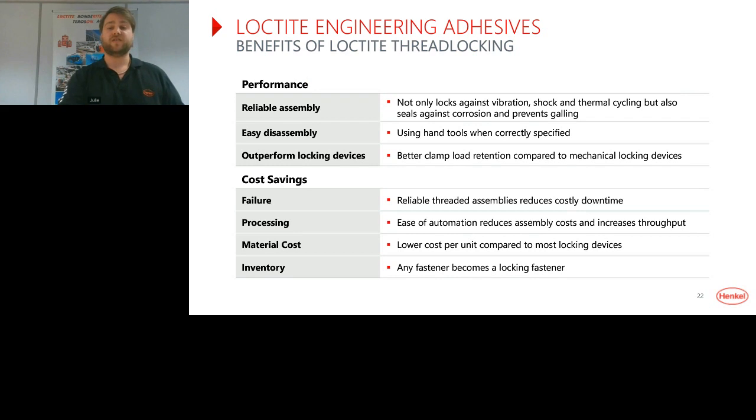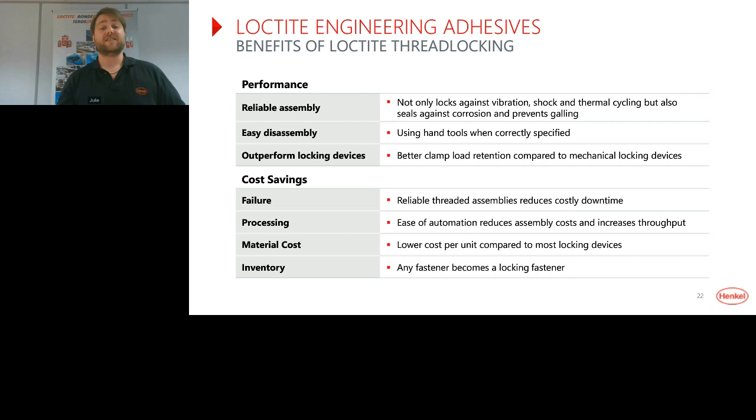So, reasons to use Loctite engineering adhesives, or the benefits of Loctite engineering adhesives in thread lockers. It's split into 2 main categories, the first one being performance. By having a reliable assembly that not only locks against vibration, loosening, thermal cycling, but will also seal against corrosion, and some grades can prevent galling between dissimilar metals.